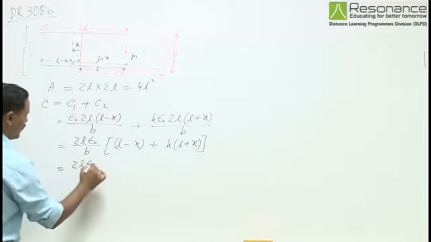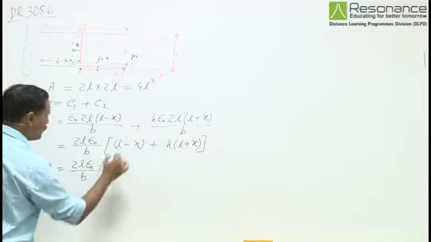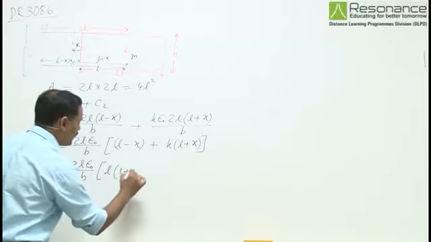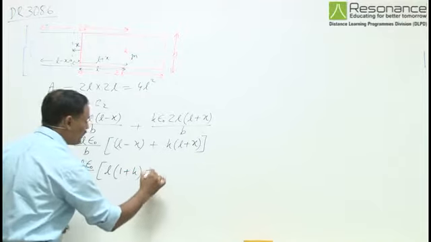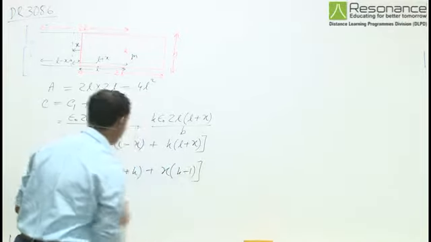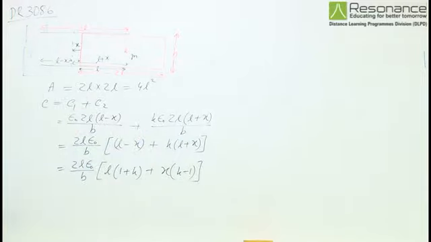It is 2L epsilon naught by B, if I take L common, into 1 plus K plus X into K minus 1. So this is the capacitance of the dielectric.